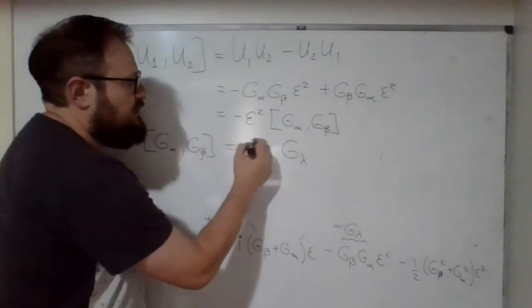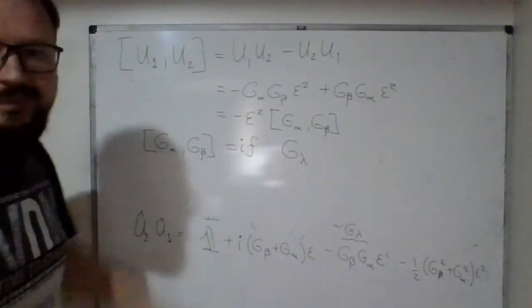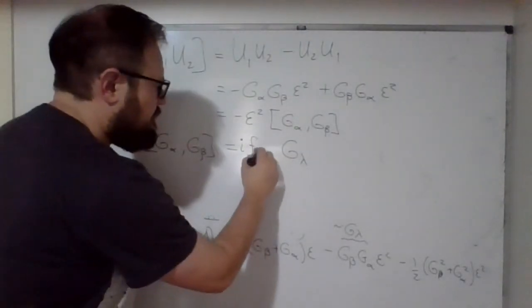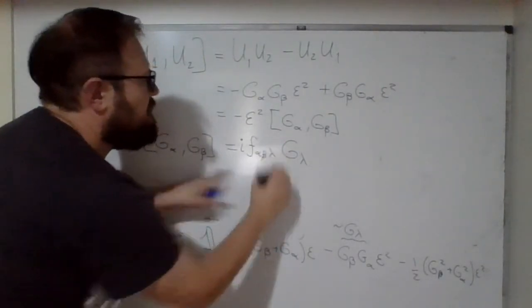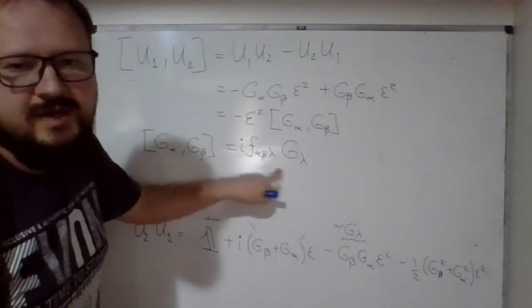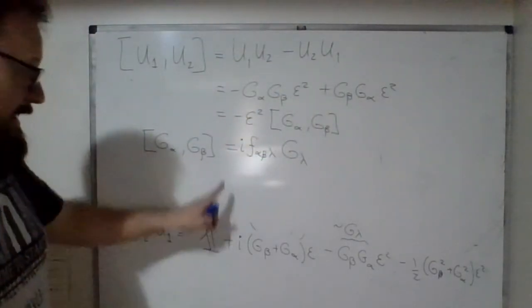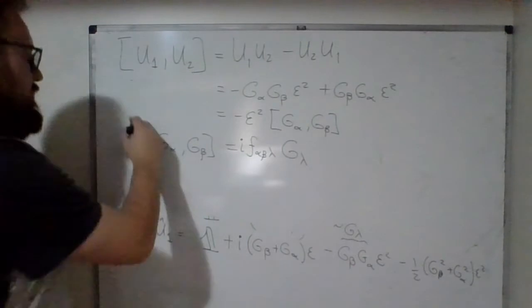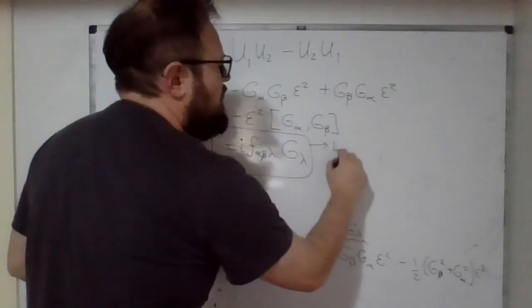And usually it is defined by an imaginary unit and some function here, f. Okay, this f depends on alpha, beta, and is summed over lambda. It is a dummy index here, you must sum over lambda. All right. So this is called the Lie algebra of the group.